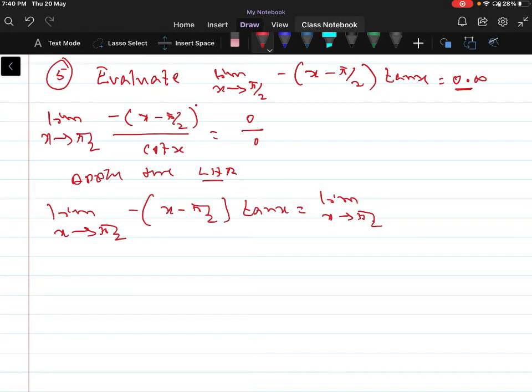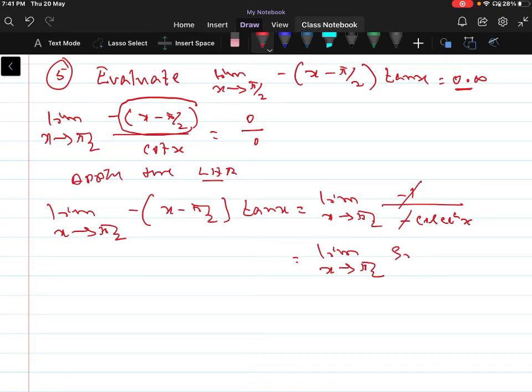So x minus pi by 2 differentiation, that is 1, divided by cot x differentiation, minus cosecant square x. So this minus and minus get cancelled here. So the limit as x approaches pi by 2, 1 by cosecant square x can be written as sin square x, when x equals pi by 2, that is 1.